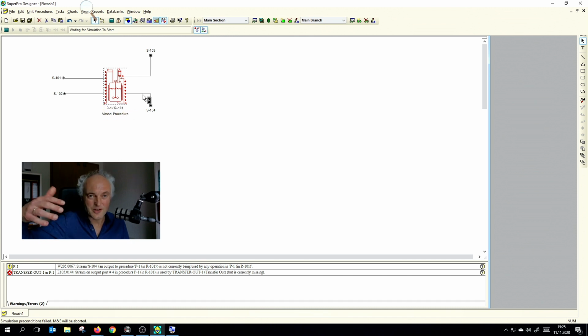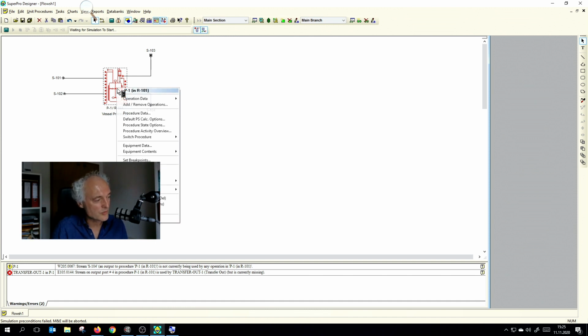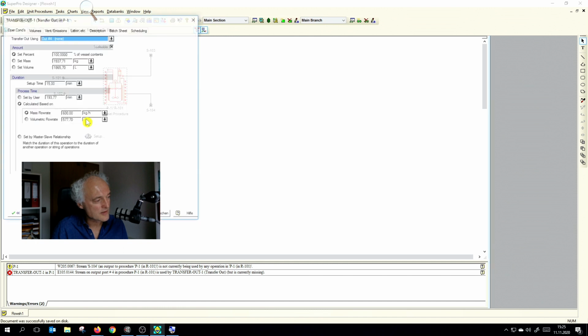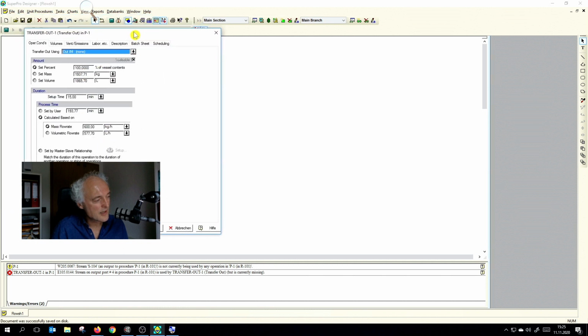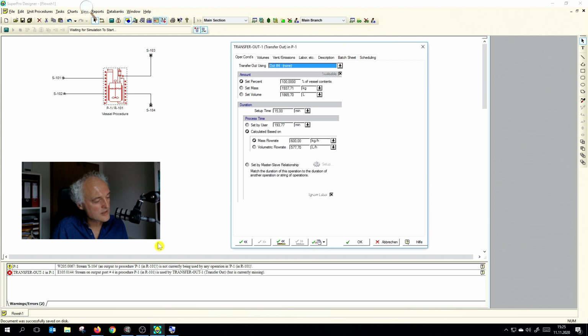You will see, of course, later on, if you have more procedures, how to allocate the correct one. So this is procedure 1. Right click, operation data, transfer out. We need to go to transfer out here. Operation data, transfer out. And now we look. So port 4.